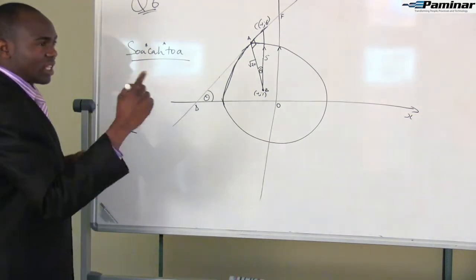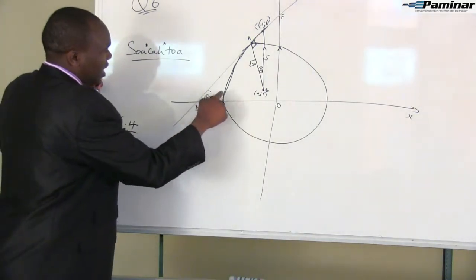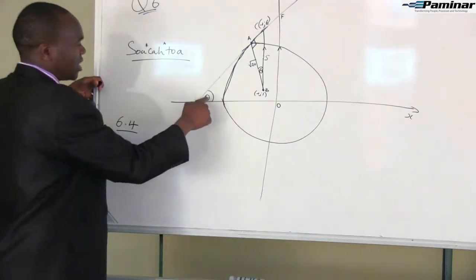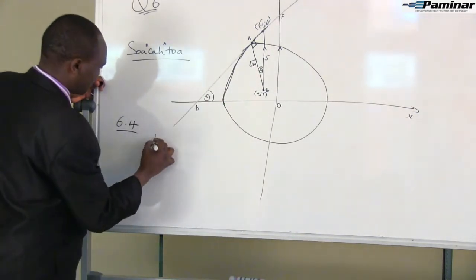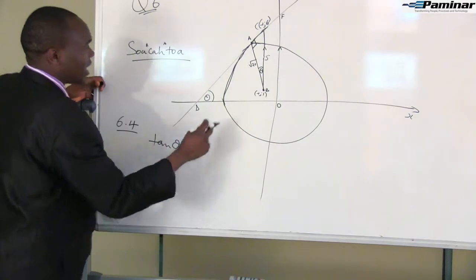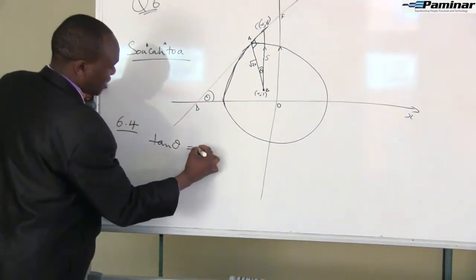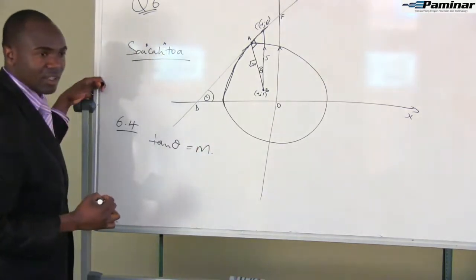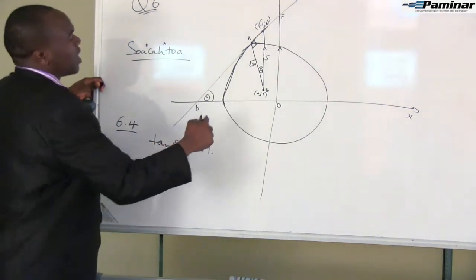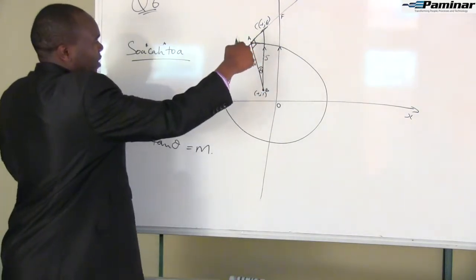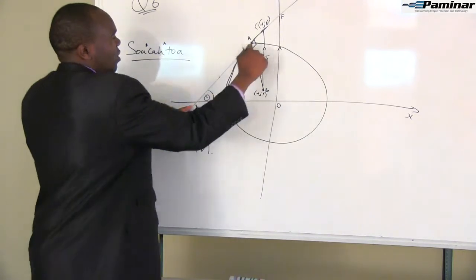Now let's look at the gradient of AB. Theta, theta, which means this angle and this angle are the same. So now tan theta, this angle, the same. Now tan theta measures the gradient. So the gradient of this one, what is it?